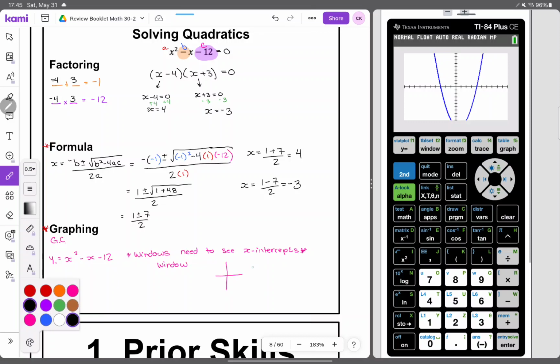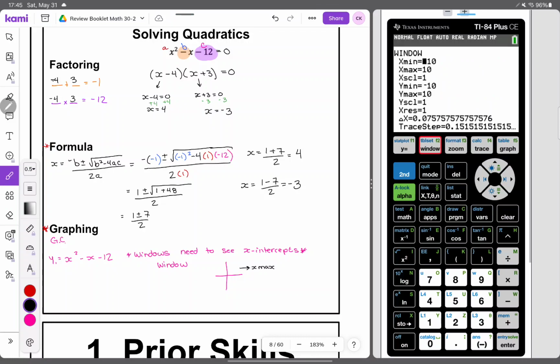And if I want to move this way, you're going to change your X max. If I need to move it this way, I'm going to change my X min. If I need to move my graph and see more this way, I'm going to change my Y max. And if I need to change my window and look down this way, I'm going to change my Y min.